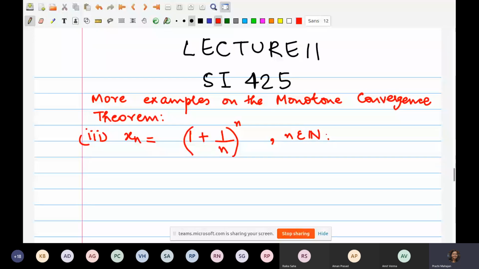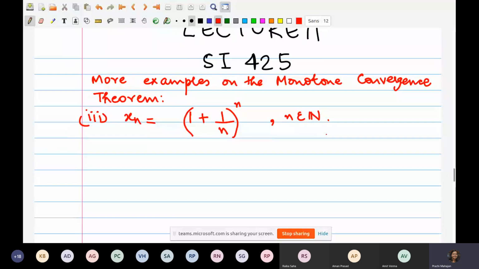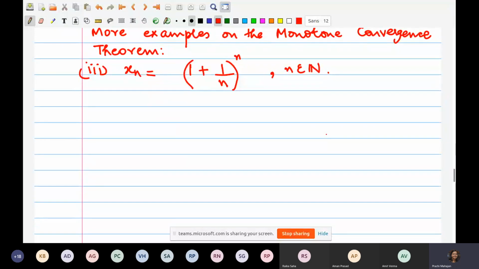Let's first try to prove that it is monotone. In order to do that, let's look at the terms of this sequence. I am going to apply the binomial theorem.